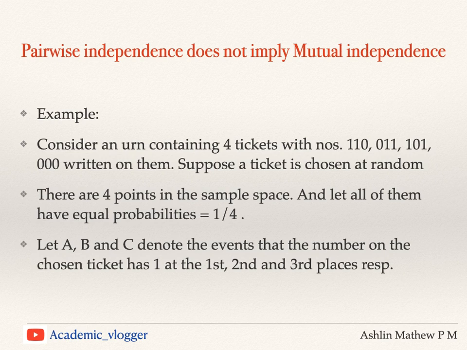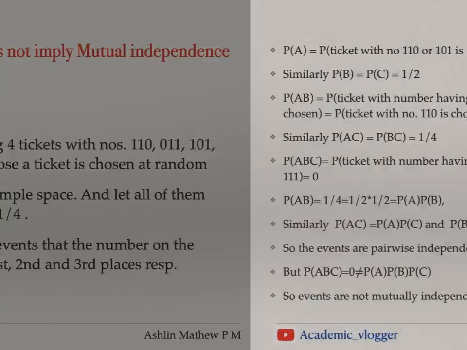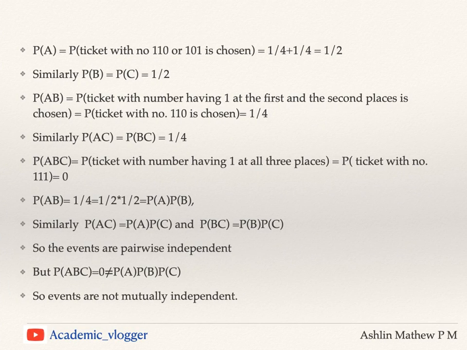So for the event A, the chosen ticket must have 1 at the first place, for the event B, 1 must be at the second place, and for the event C, the ticket must have the digit 1 at the third place. Now, since event A is a ticket with the digit 1 at the first place, we have 2 tickets, that is 110 and 101.